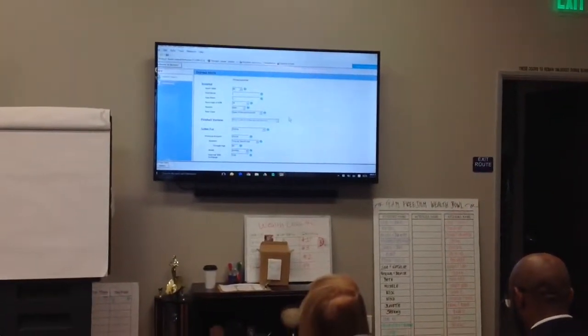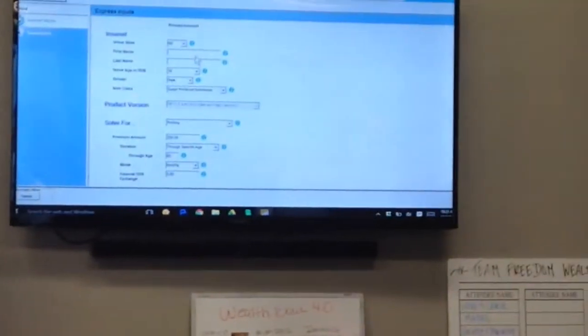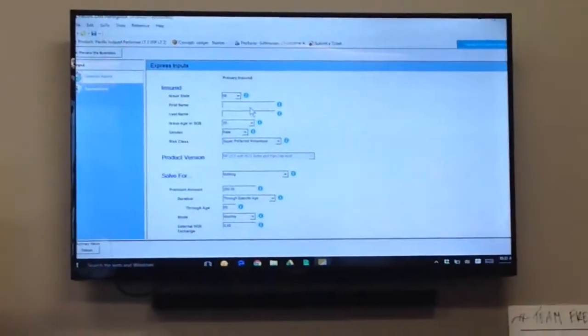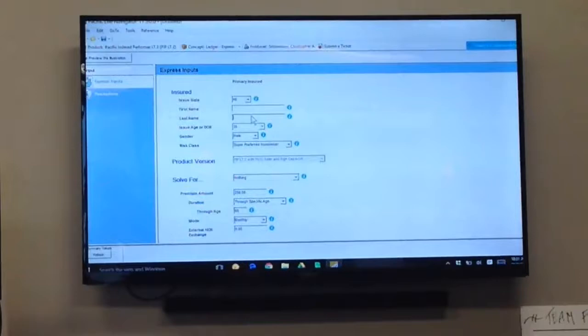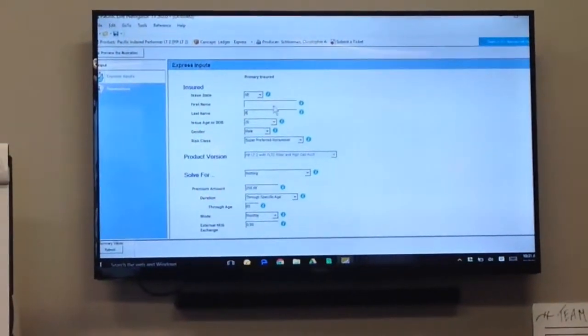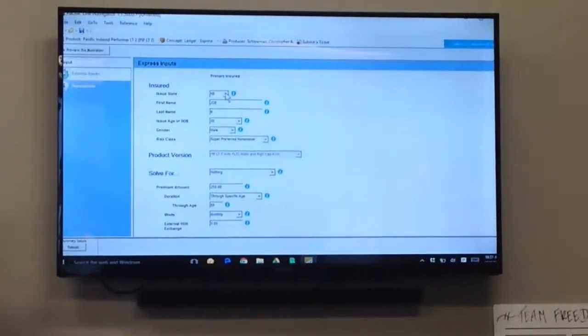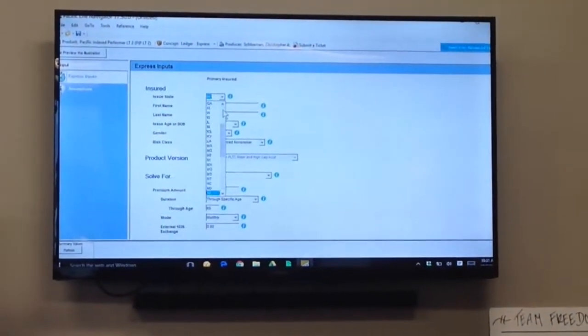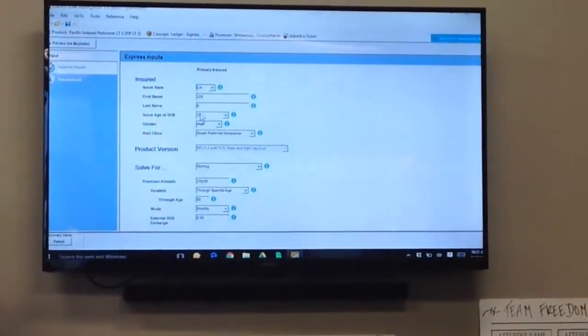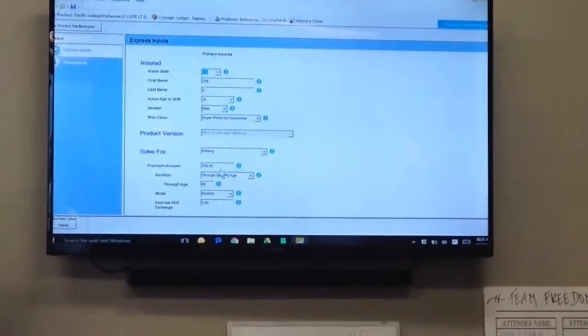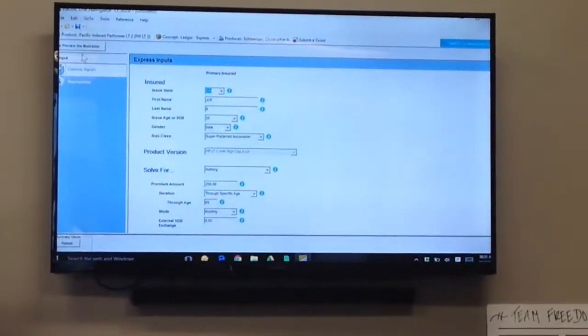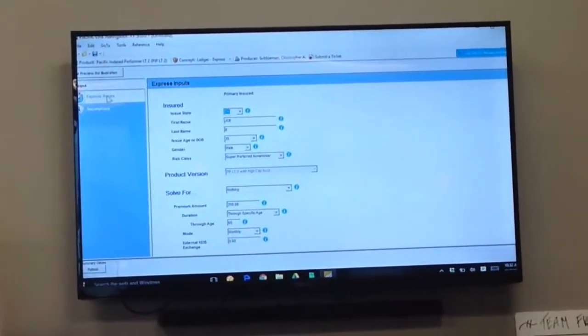Alright, let's get right to where we were again. Wrong Spelio. That's wrong. Super preferred. I don't like express inputs, in case you guys can tell.